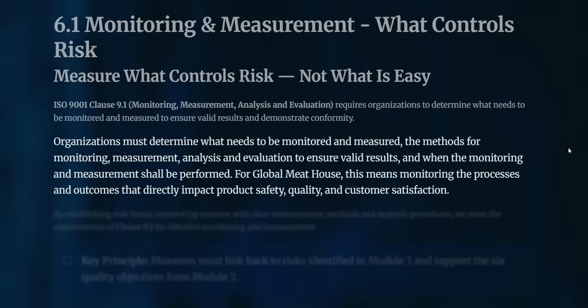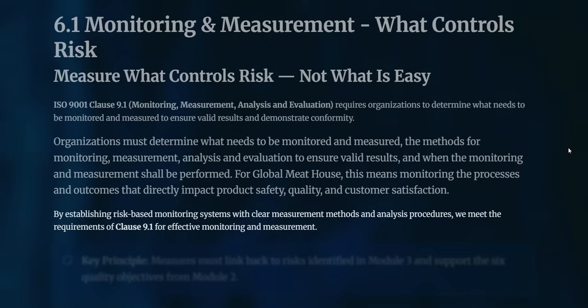For our case study, Global Meat House, this means monitoring the processes and outcomes that directly impact product safety, quality, and customer satisfaction. By establishing a risk-based monitoring system with clear measurement methods and analysis procedures, we meet the requirement of Clause 9.1 for effective monitoring and measurement.